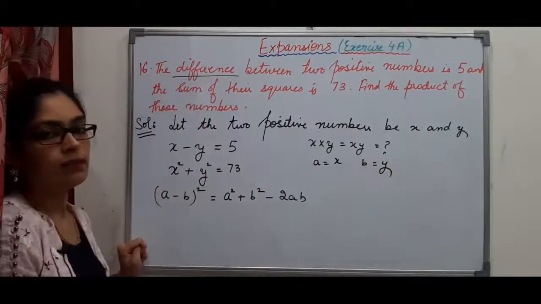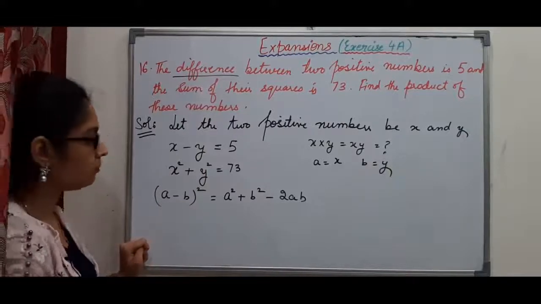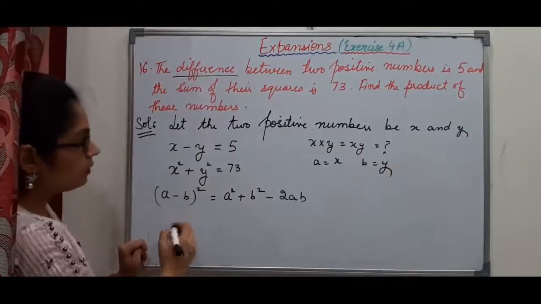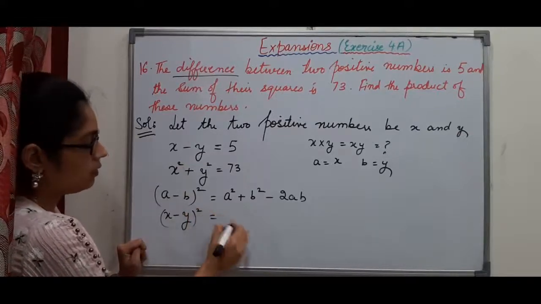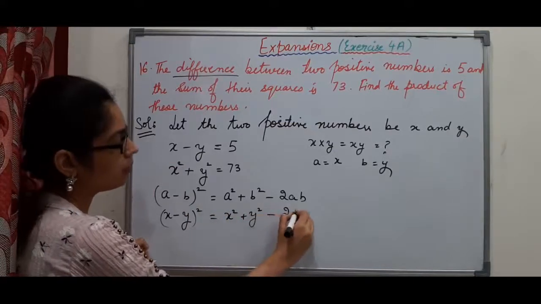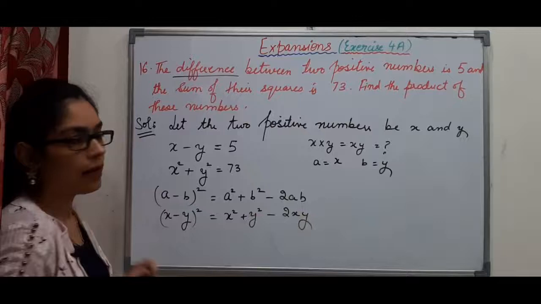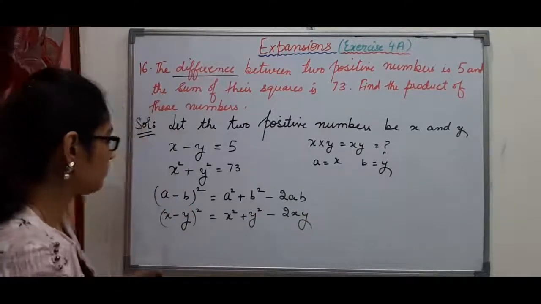The identities everywhere you have to write, that is why I am writing in each and every question. Now I will substitute the values, so it is x minus y whole square, x square plus y square minus 2 into x into y.